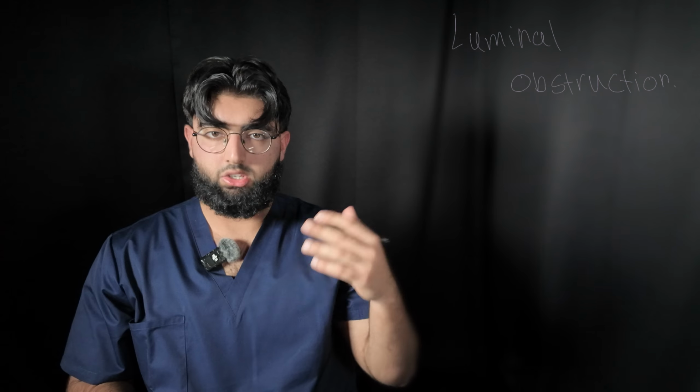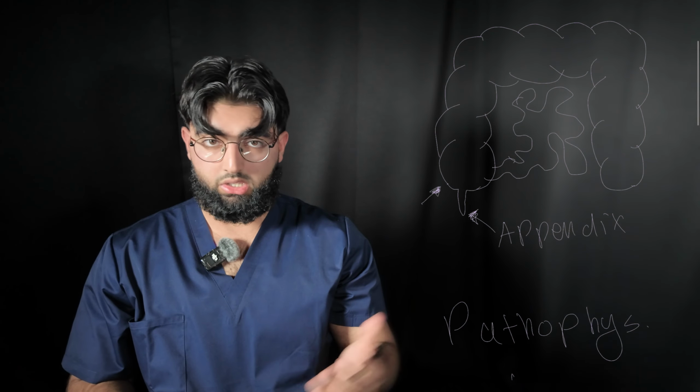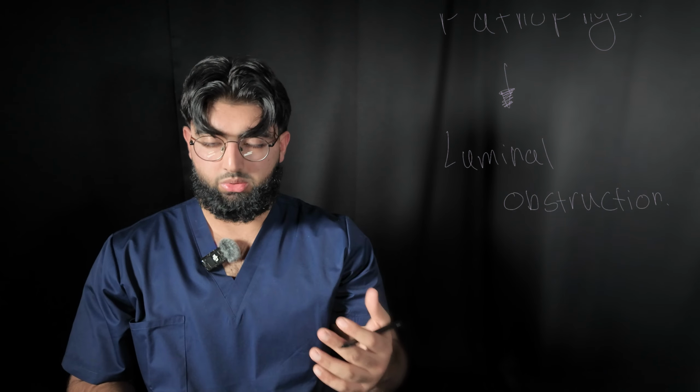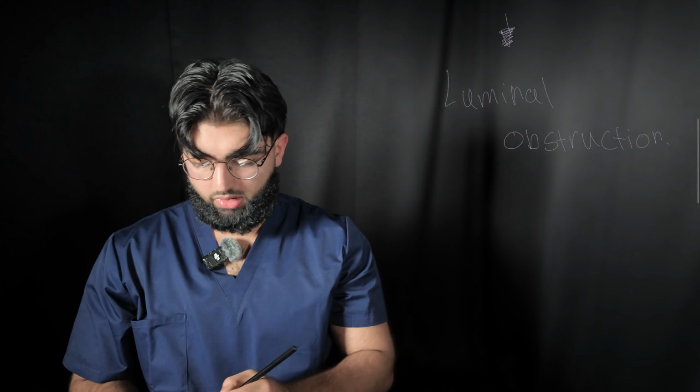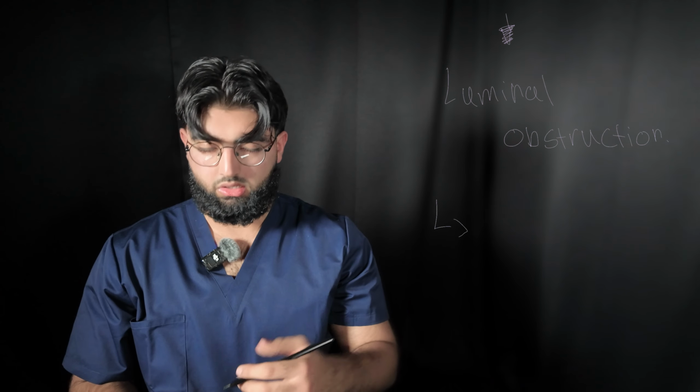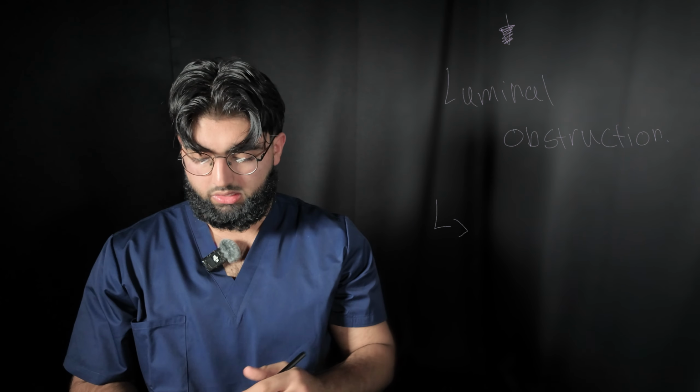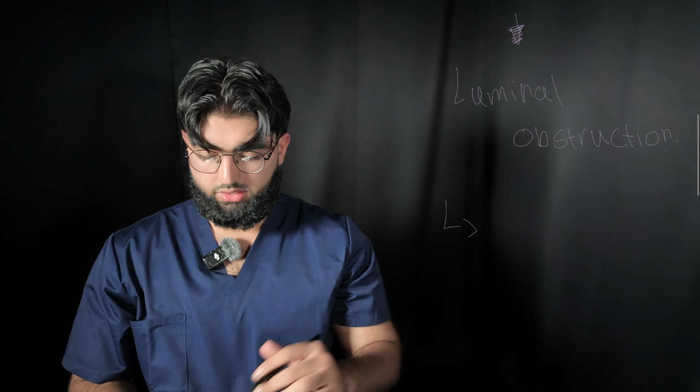Lumen is just the hollow channel that exists in tube-like structures within the body. In this case we are referring to the bowels. We can also use lumen for blood vessels and airways within the lungs. So this luminal obstruction is the main trigger of appendicitis.